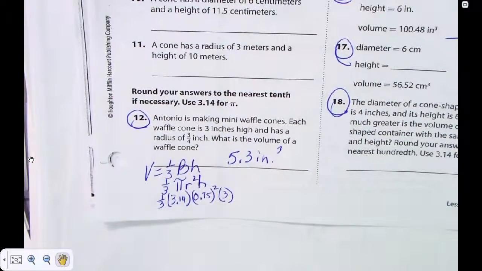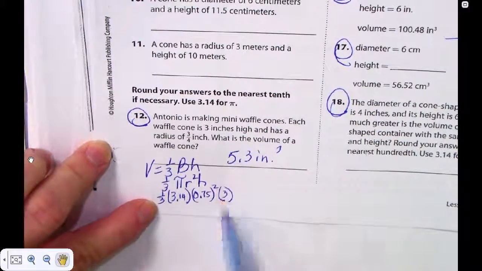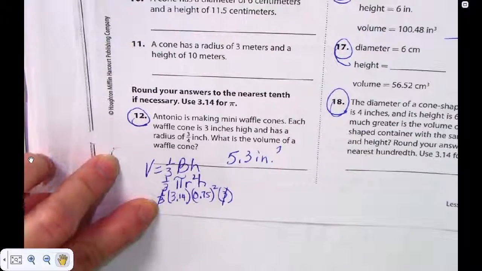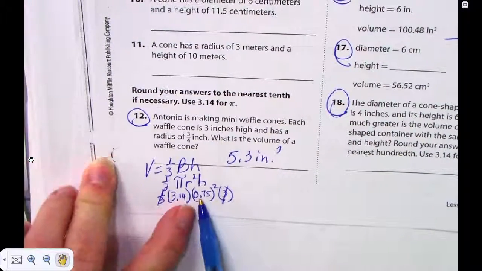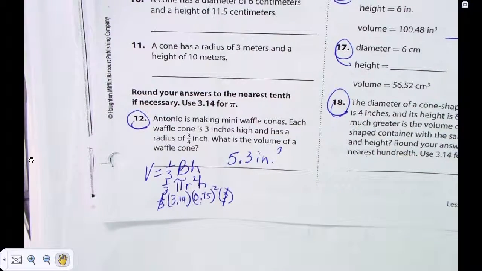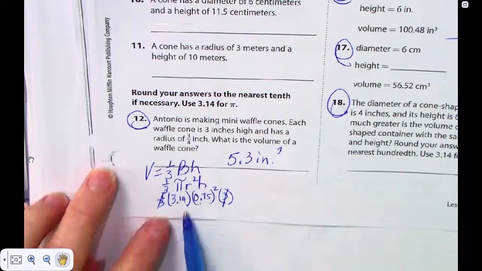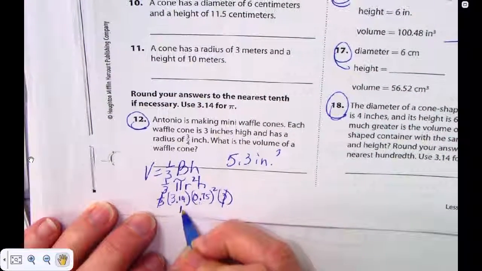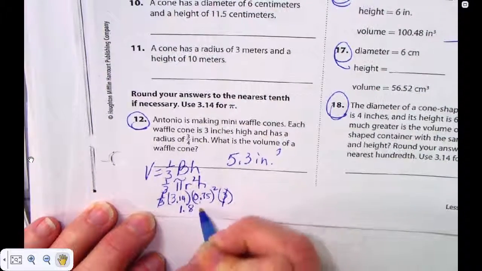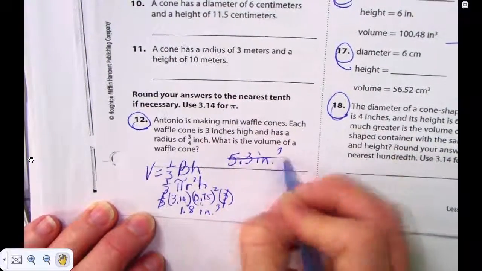Now, 1/3 of 3 is 1. So that cancels that out, because 1 times anything is the other number. If you do 3/4 there, remember you got to put it in parentheses. It's going to be 1.8 inches cubed.